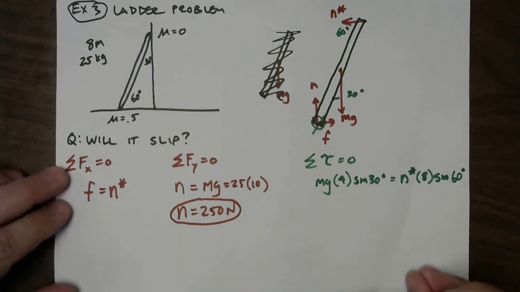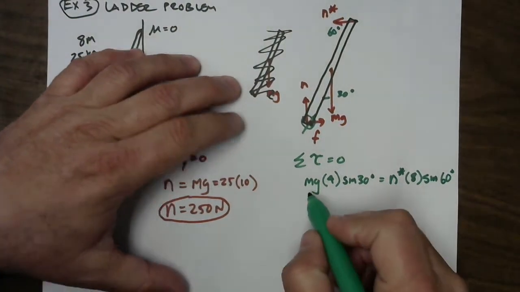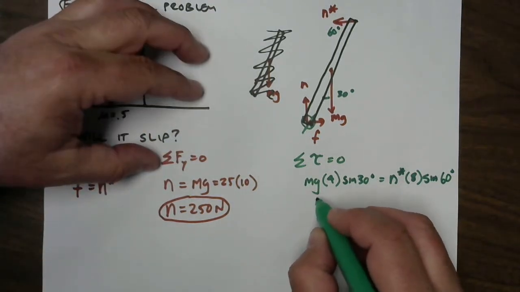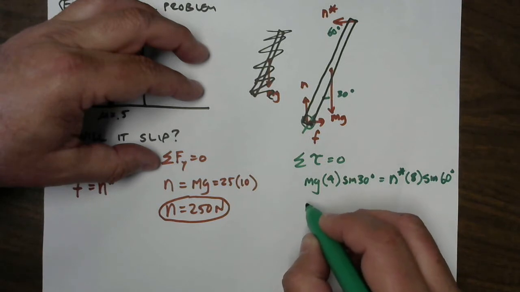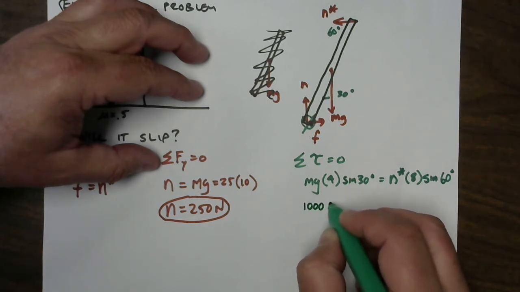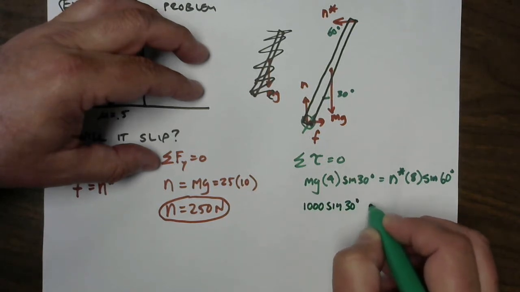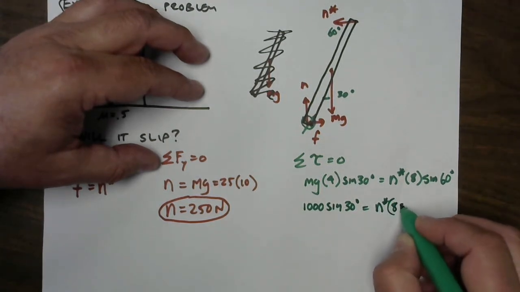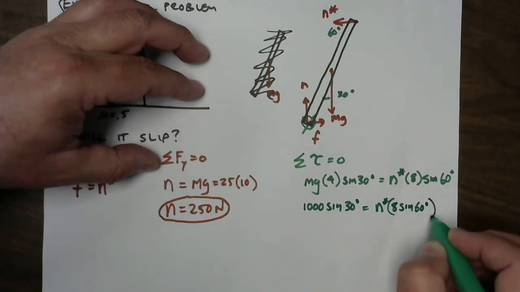It doesn't cool off. All right, we have all of our pieces in place here. We figured out that mg, the weight of the thing, was 250. So we need 250 times 4, which is 1,000. 1,000 times the sine of 30 equals N star times 8 sine 60.